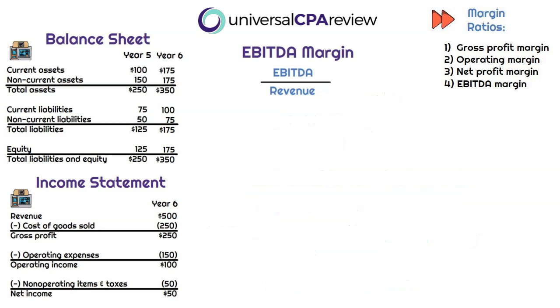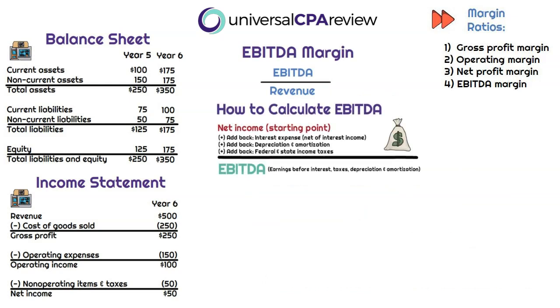One of the bonus ratios here is called EBITDA margin. EBITDA is basically net income, but we add back interest expense, depreciation and amortization, as well as income taxes. The idea is that depreciation and amortization is not an actual cash expense, right? There is no cash outflow. And interest expense and income taxes are really company specific depending on their legal and organizational structure.